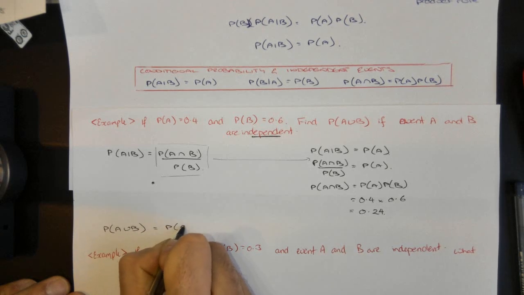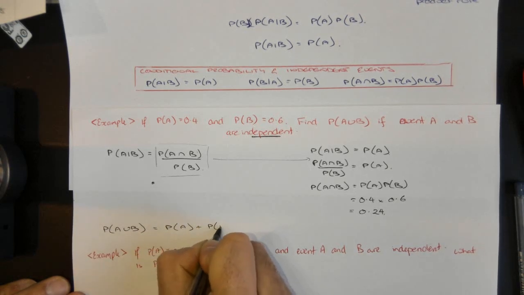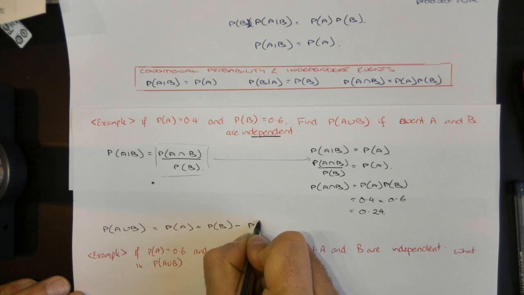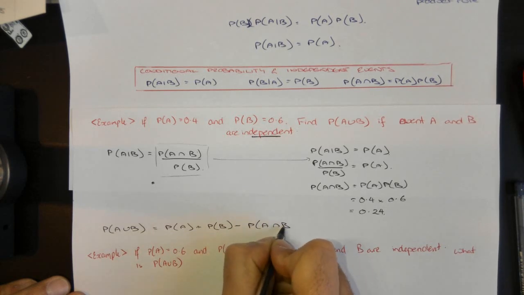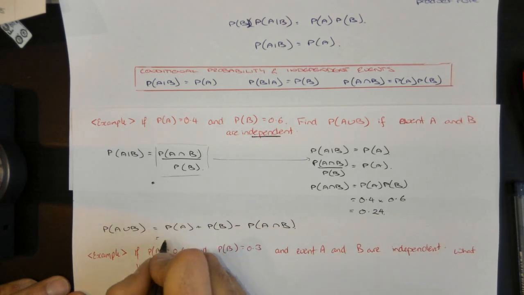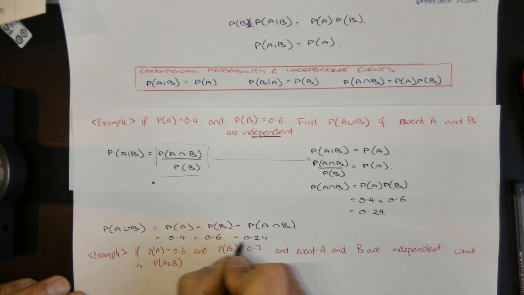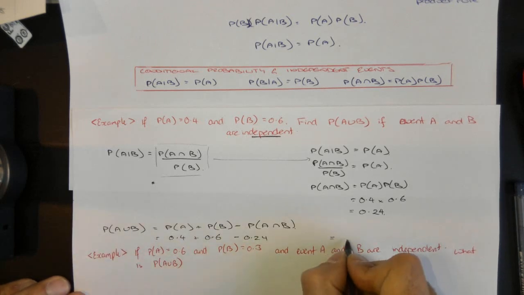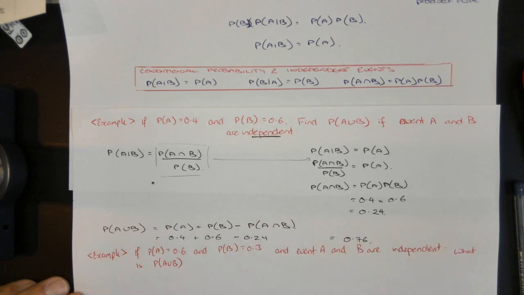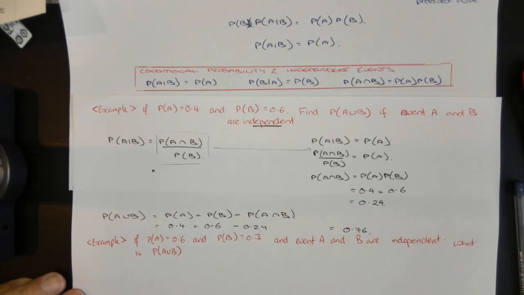The probability of A plus the probability of B minus the probability of the intersection will give me the solution. So 0.4 plus 0.6 minus 0.24. So the probability of the union occurring is 0.76.